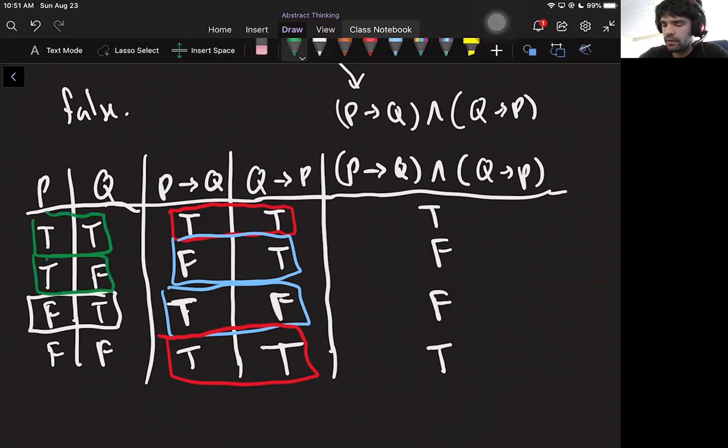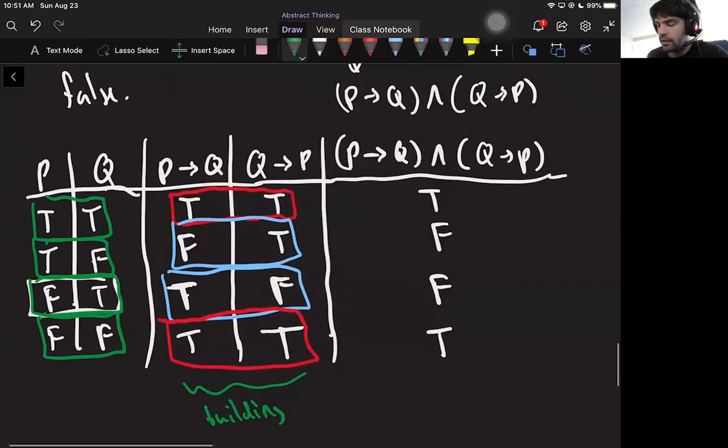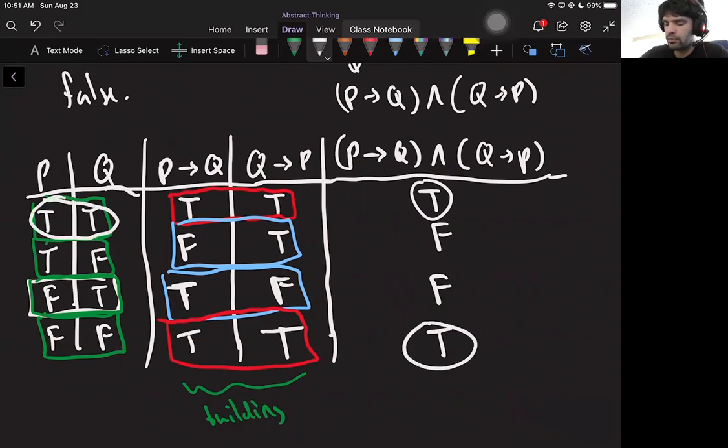So I'll draw these in green. The middle piece, this is just like the building. But what we're really saying is P if and only if Q is true when both P and Q are true, but also true if they're both false.